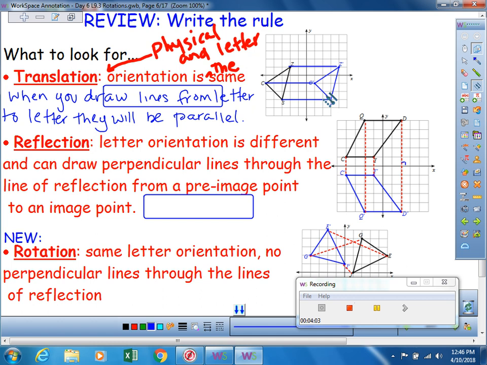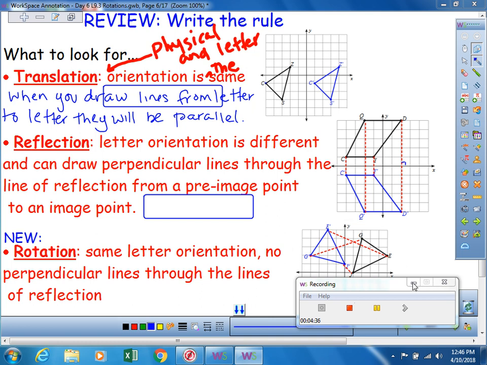But the letter orientation is the same, so it's not a reflection. And you can kind of look. Is this a reflection? Did this flip? No. Okay, so look for a flip. This flipped down. But on a reflection, the lines are always perpendicular to an axis.